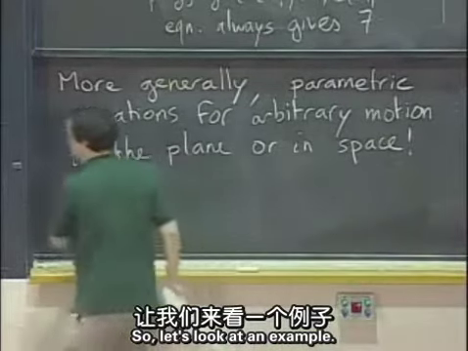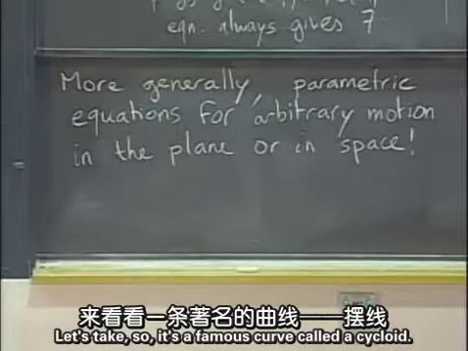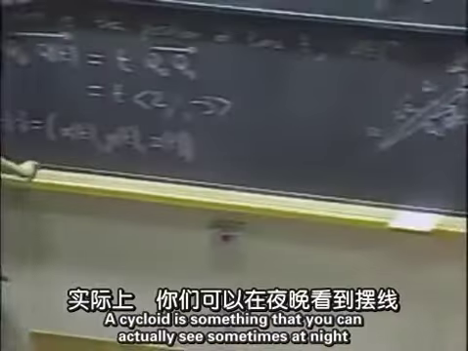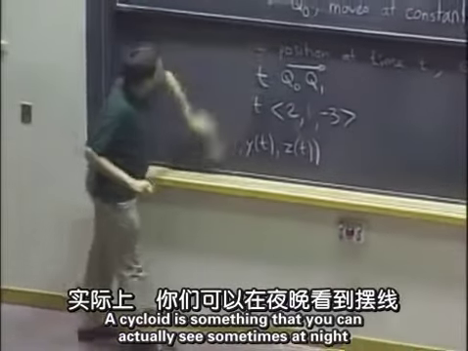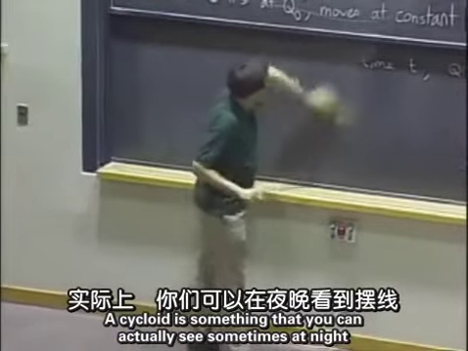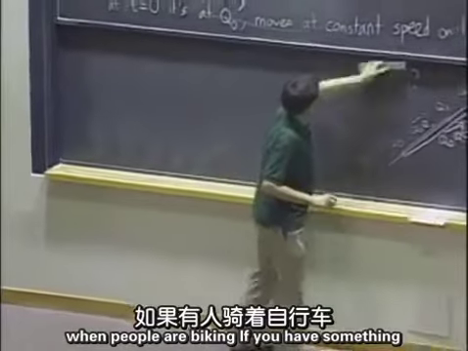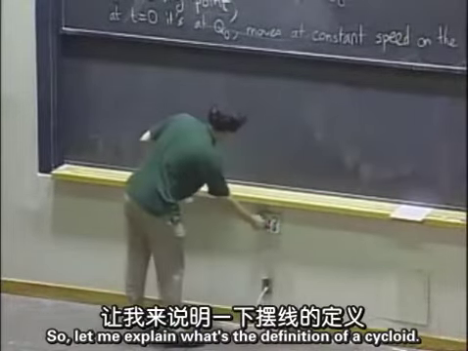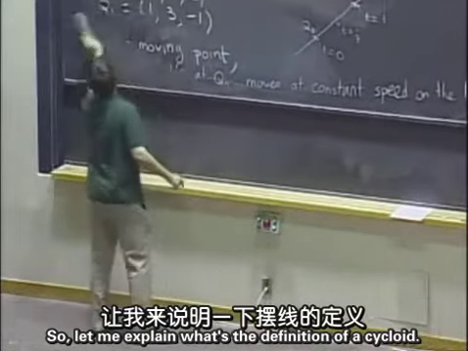So let's look at an example. It's a famous curve called the cycloid, and the cycloid is something that you can sometimes see at night when people are biking, if they have something that reflects light on their wheel. So let me explain the definition of the cycloid.